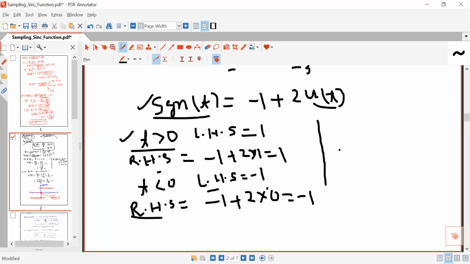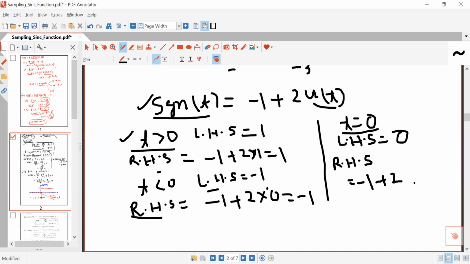Now finally you have to check what will be the value of LHS and RHS for t equal to 0. As you know, LHS signal at t equal to 0 is 0. Now you have to check RHS. Very important. This t equal to 0 case is very important. RHS will be minus 1 plus 2 unit step function at t equal to 0.